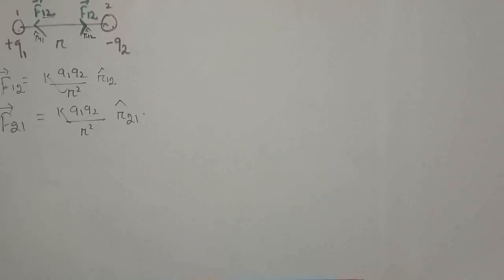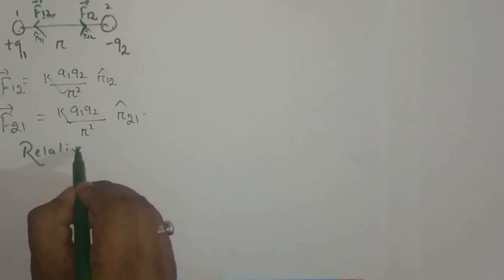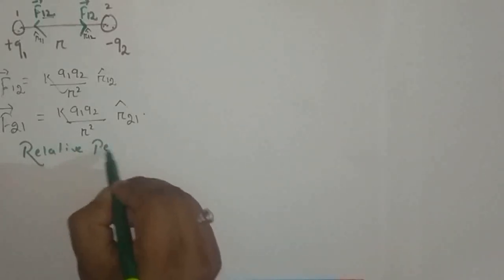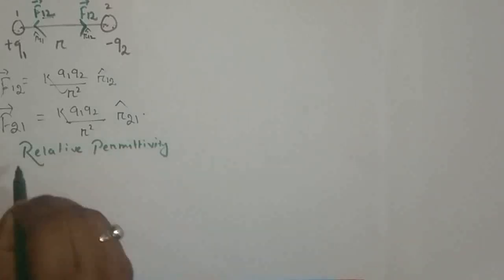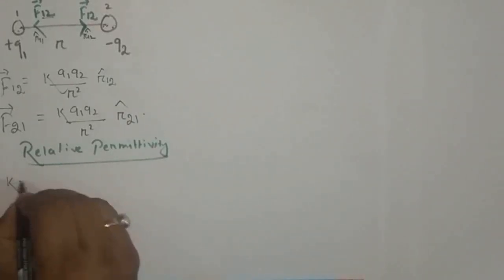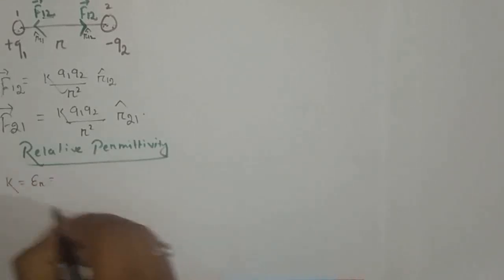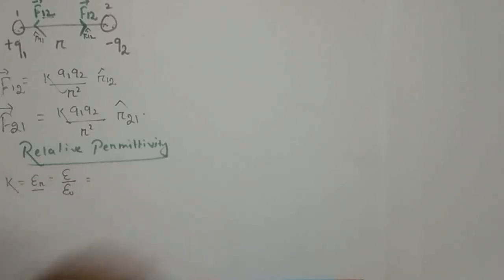Now, what should I tell about the permittivity or relative permittivity of a medium? Let us go for the concept of relative permittivity. Some people write capital K, some write epsilon R. For the time being, let us focus on epsilon R. That is the ratio of epsilon to epsilon naught.